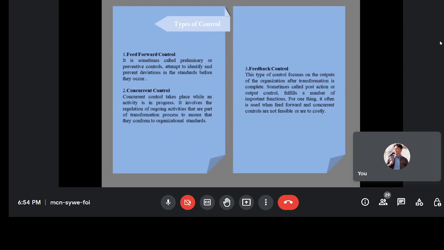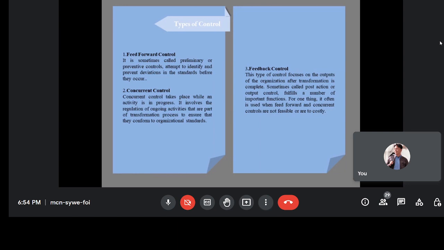Number 3, feedback control. This type of control focuses on the outputs of the organization after transformation is complete. Sometimes called post-action or output control, it fulfills a number of important functions. For one thing, it often is used when feed-forward or concurrent controls are not feasible or are too costly. Sometimes, feedback is the only viable type of control available.